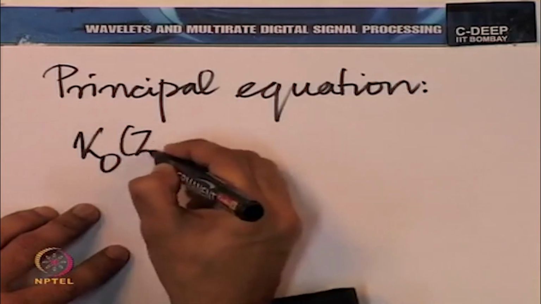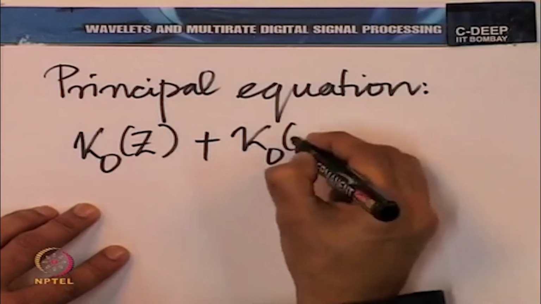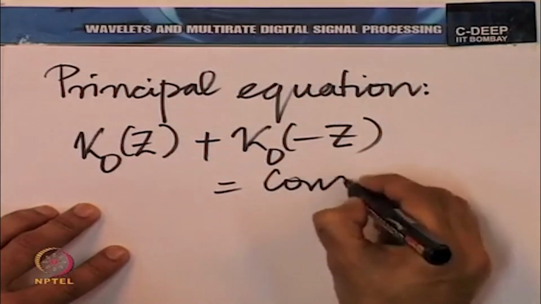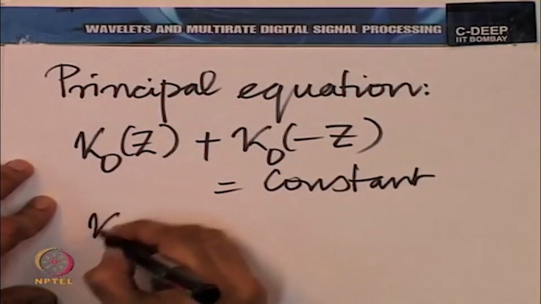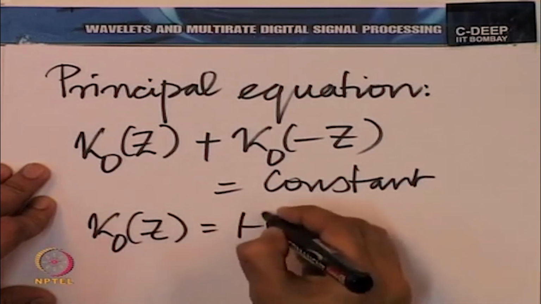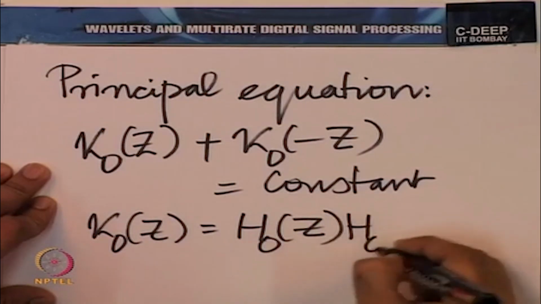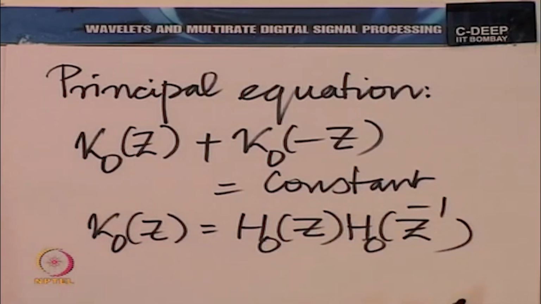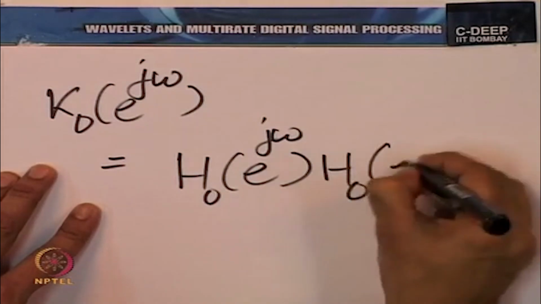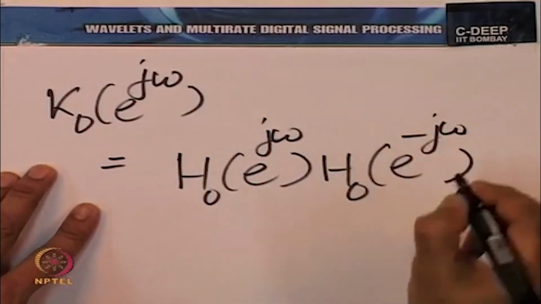Kappa0(z) plus kappa0(minus z) is a constant, where kappa0(z) is H0(z) H0(z inverse). And therefore, if you look at it, the frequency domain says kappa0(e^{j omega}) is H0(e^{j omega}) H0(e^{-j omega}) essentially.